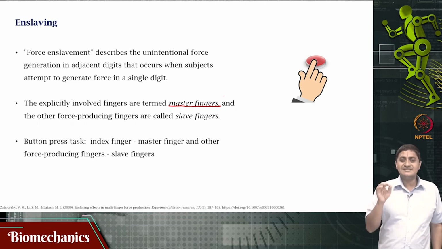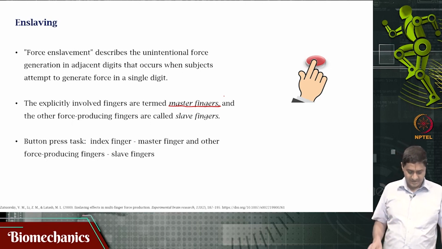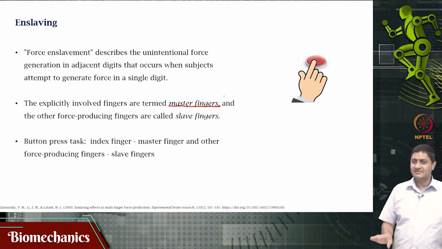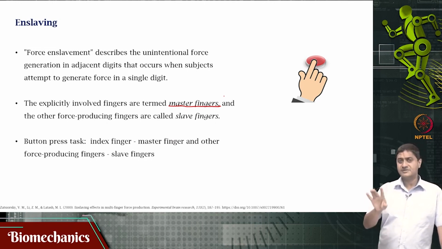Okay. This is the major challenge in this type of instructions and experimental paradigms. Let us discuss this in much greater detail going forward. So, let us say for example, you have a button press task like the one that you have: press with the index finger. The instruction is press the button with the index finger and don't worry about what the other fingers are doing.